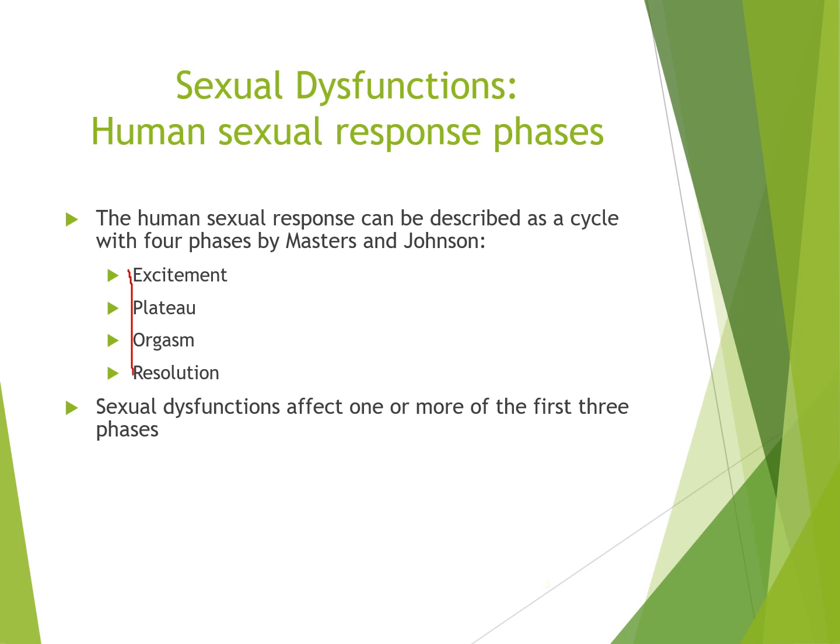They had participants who came to the lab and engaged in sexual behavior with their partners or masturbation. As they engaged in this behavior, Masters and Johnson observed how they would feel and react, and they also took physiological measures.